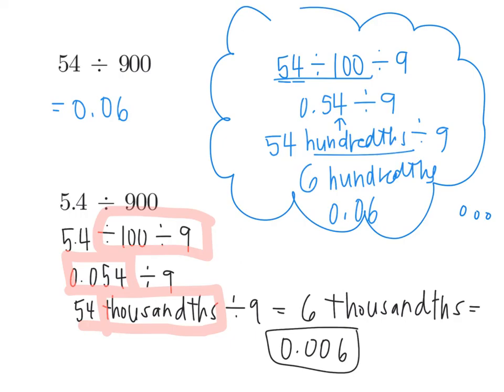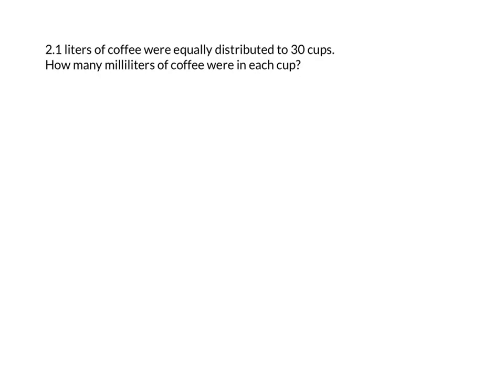Wouldn't you agree? Okay, this problem says that 2.1 liters of coffee were equally distributed to 30 cups. The question's asking how many milliliters of coffee were in each cup. So in order to do this problem, we have to first figure out 2.1 liters is equal to how many milliliters. Let's use unit conversions to do this.